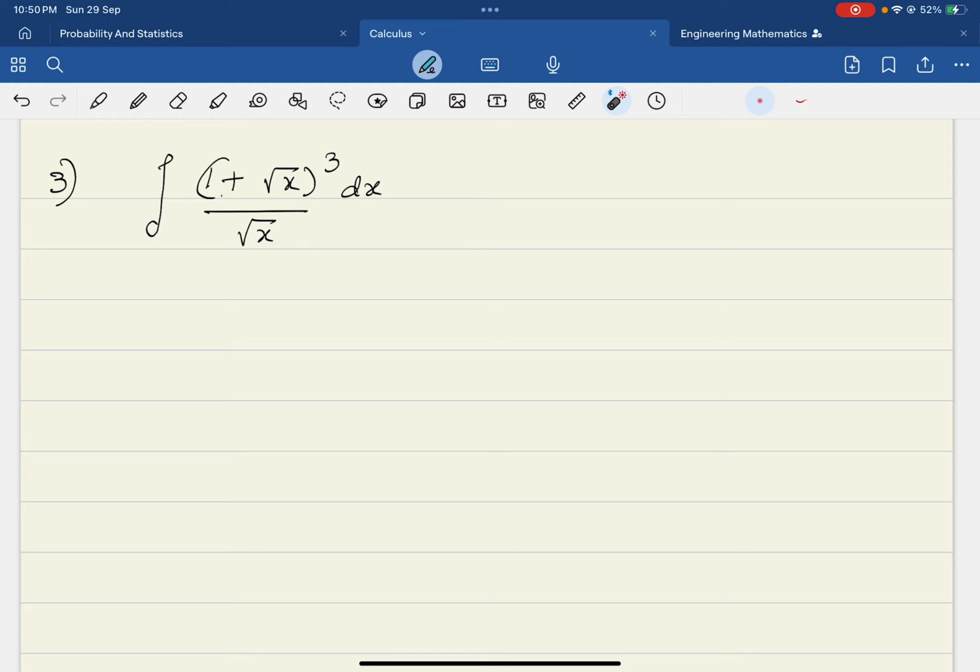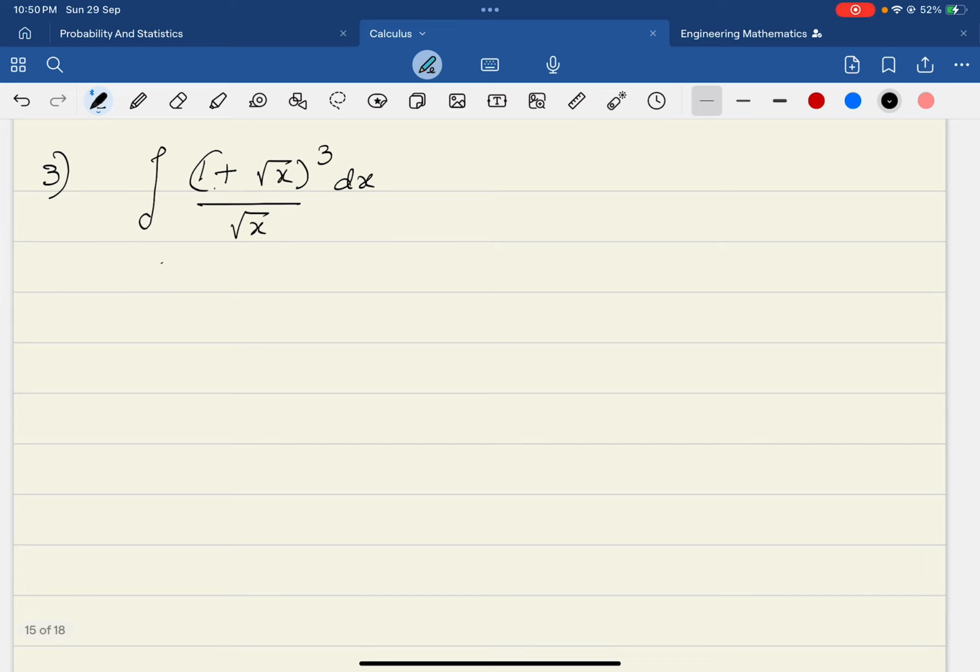And it is very clear that 1 by root x you cannot split term by term because there is a cube here, correct? So the only way we have to follow is the substitution. So now what we do? Substitute 1 plus root x is equal to t.